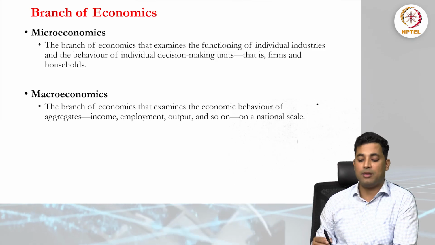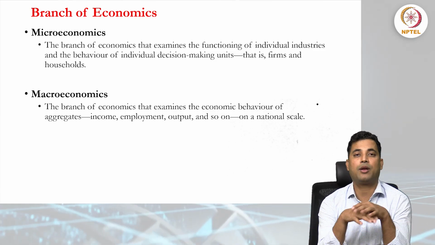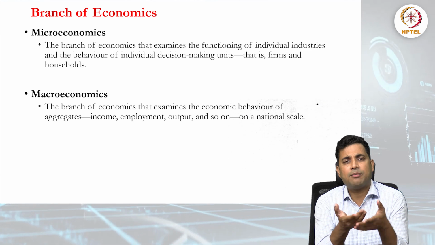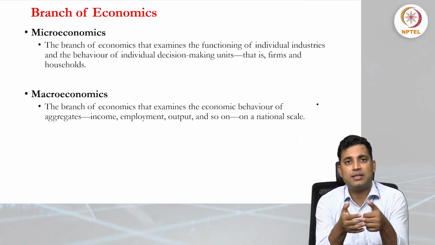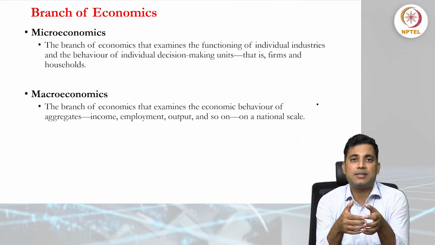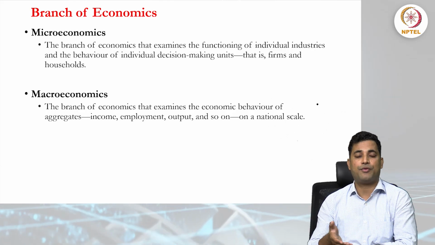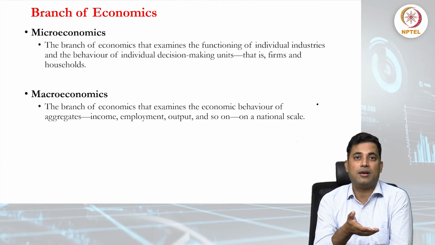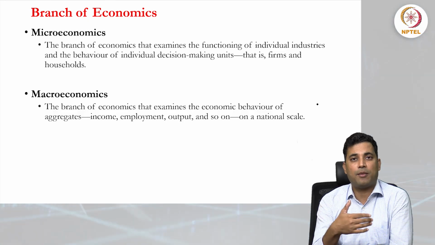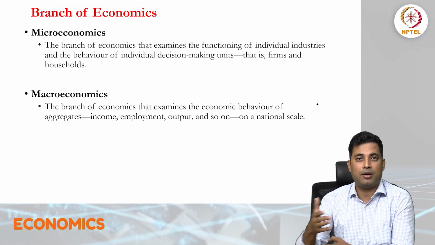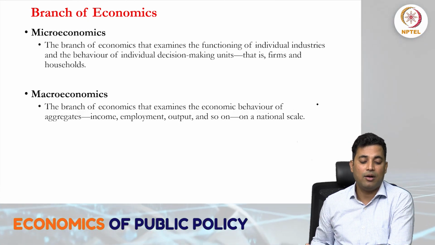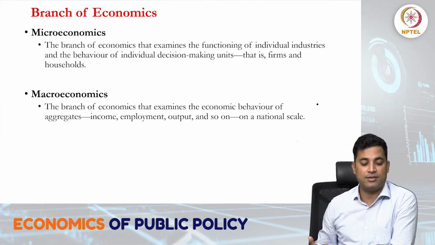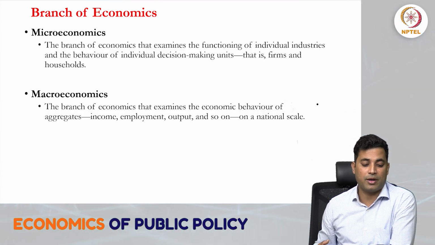So now moving to economics, when we discuss the 10 principles, these principles can be understood both from individuals' decision-making processes and from the national or macro level. There are two branches within economics, as all of you are aware.